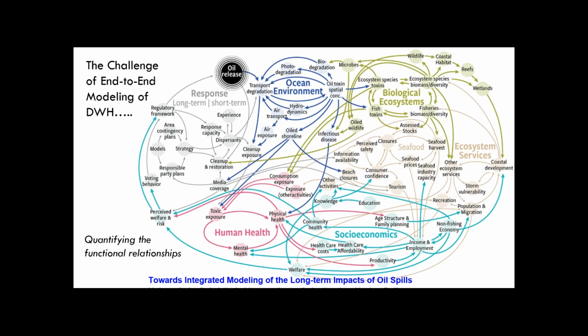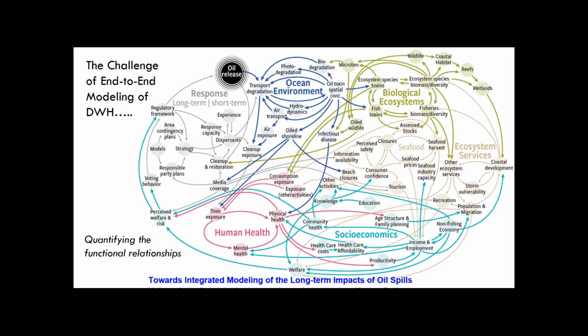So there's a huge challenge in trying to get our arms around the modeling of Deepwater Horizon. I put this diagram up. This is from a paper that's out for review right now, titled "Towards Integrated Modeling of Long-Term Impacts of Oil Spills."